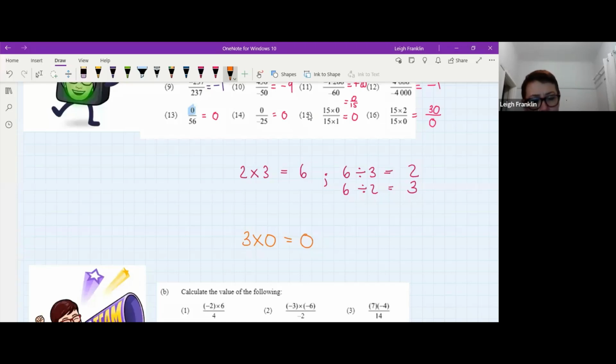So if I take 0, which is my answer, and I divide it by 3, I'm being really thick here.